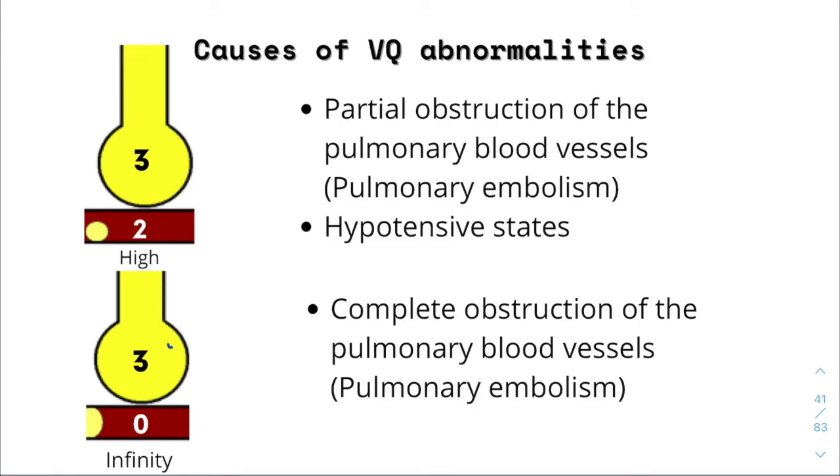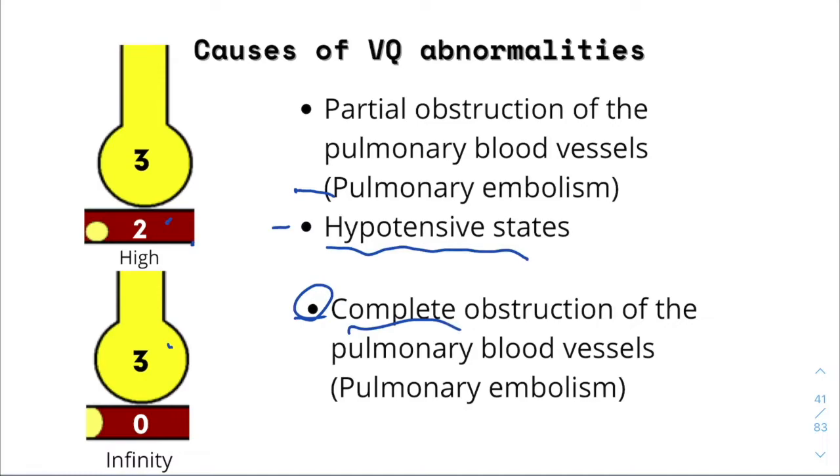So, partial obstruction of your pulmonary vessels, such as seen in pulmonary embolism, or in hypotensive states, hypovolemic shock wherein the perfusion is affected. So that can cause a high VQ.